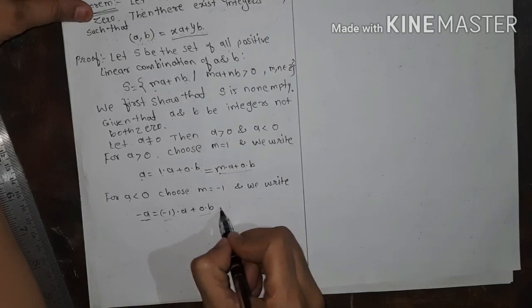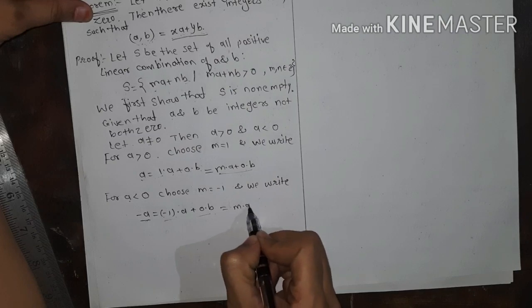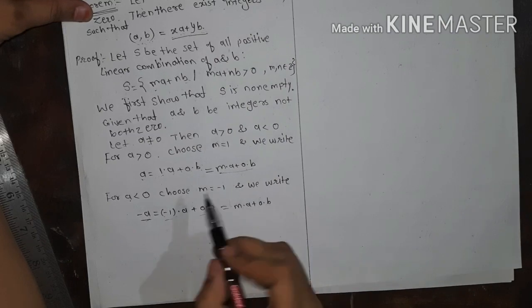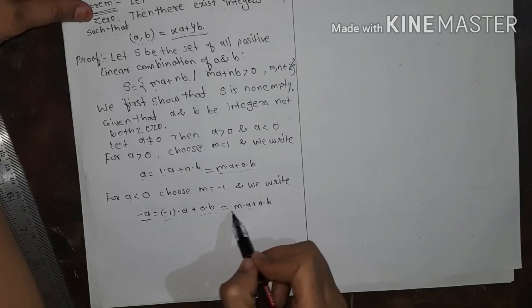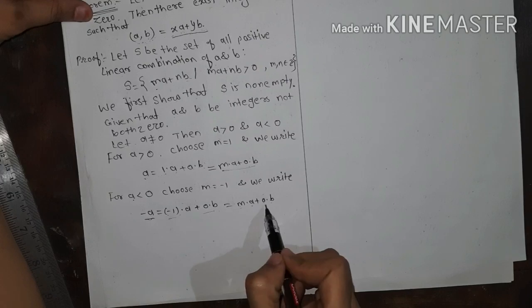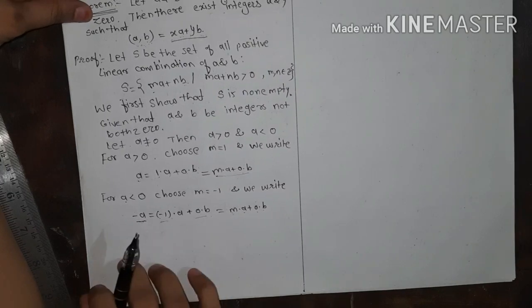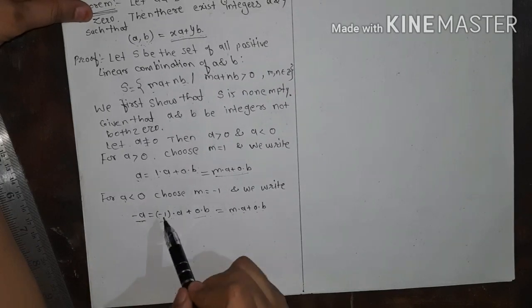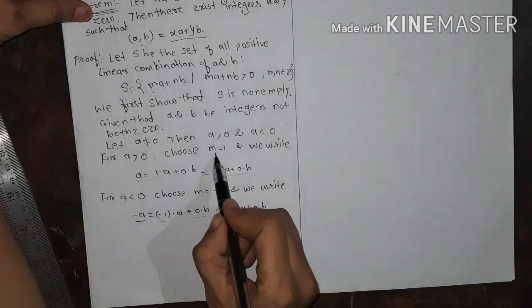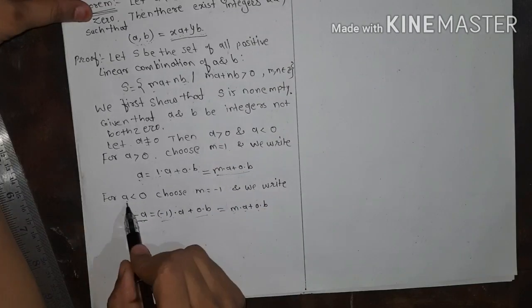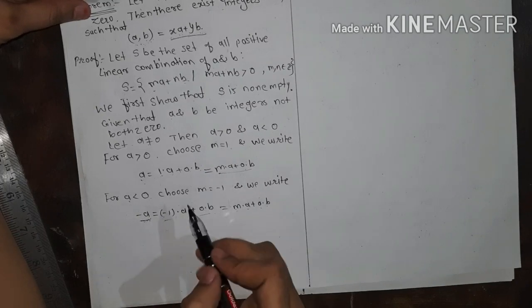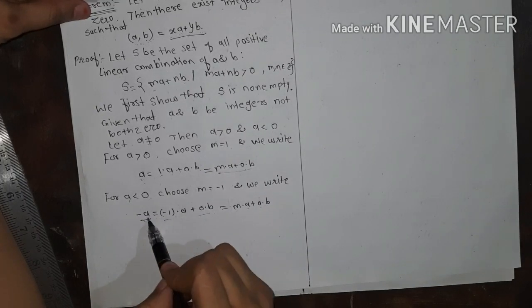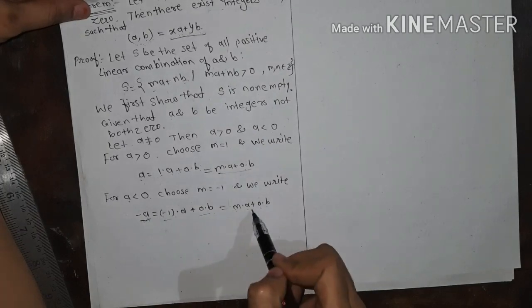This is also in the form M into A plus N into B, so minus A is also a linear combination of A and B, where M equals minus 1 and N equals 0. Hence, when A is greater than 0, A is positive, and when A is less than 0, minus A is greater than 0, and both are written as linear combinations.